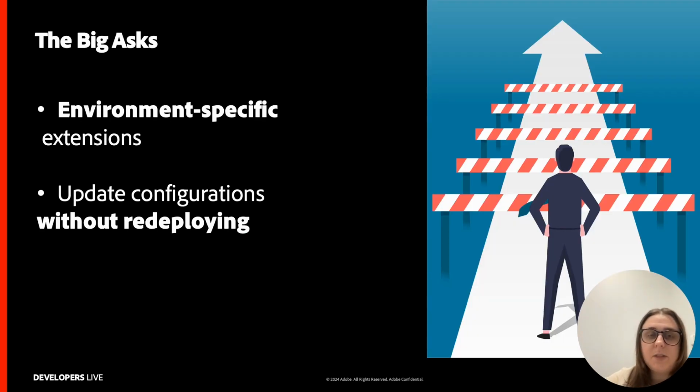As people started building UI extensions, we started hearing more and more that the ability to add functionality within IMS services is not enough. They also want more flexible control over which environments the extension is applied to, and also configuration values.